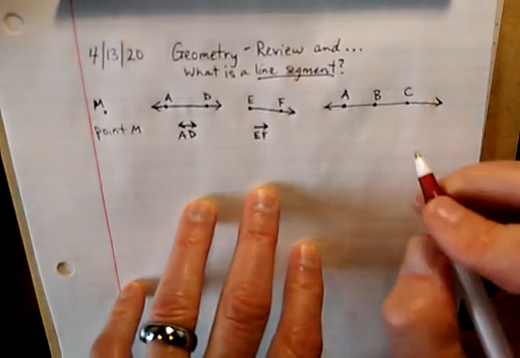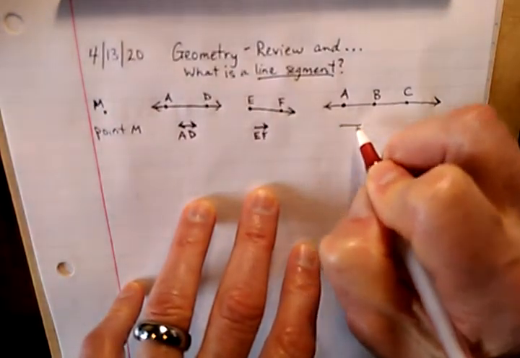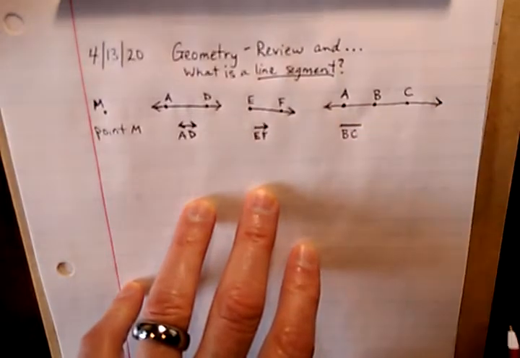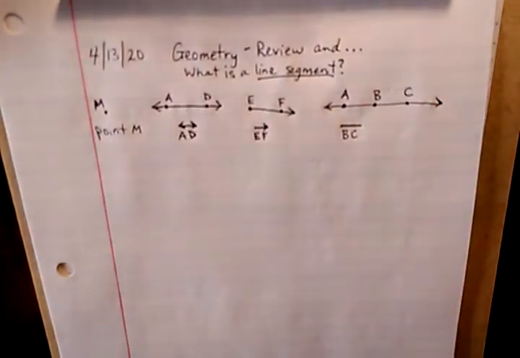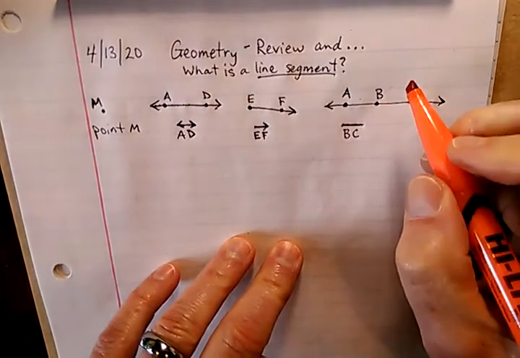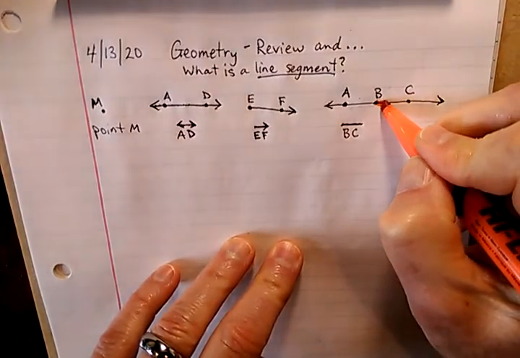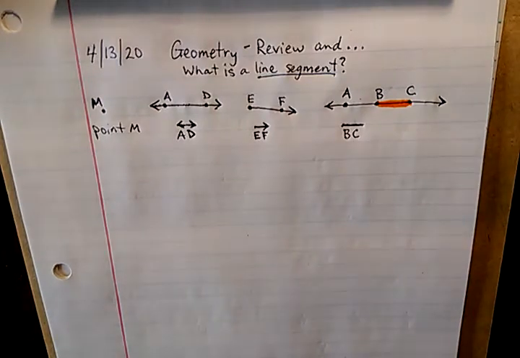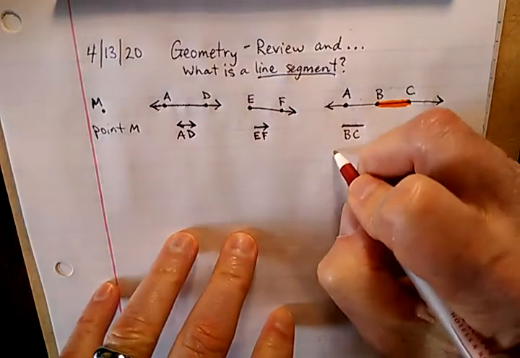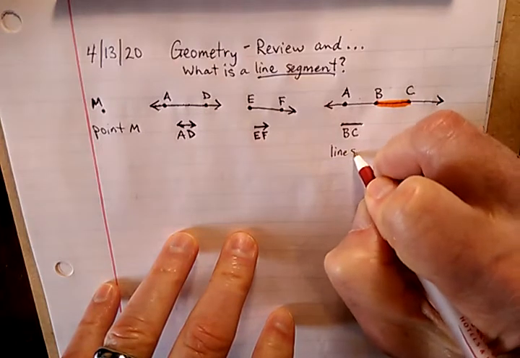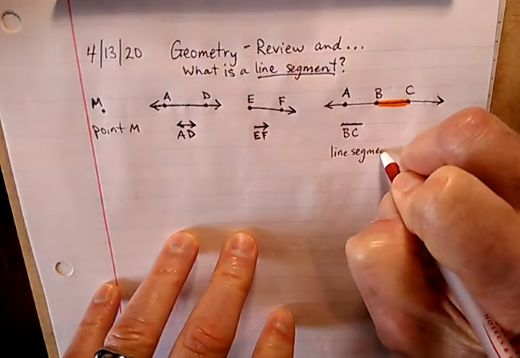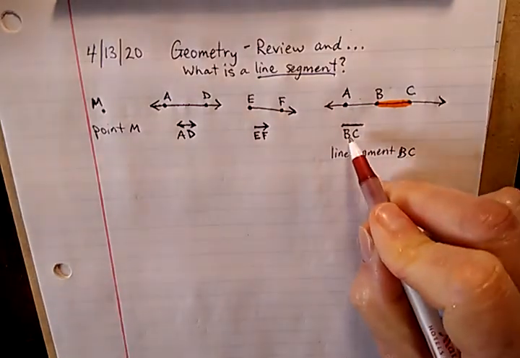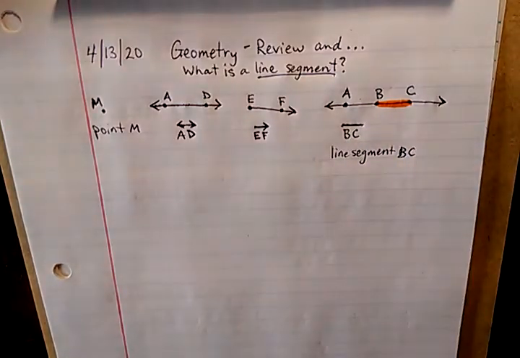For example, if we're talking about line segment BC, we just write a line with no arrows, and that means we're just referring to the part of this line that goes from B to C, just that part. So we're going to write the words line segment BC, because that's what that means, line segment BC.